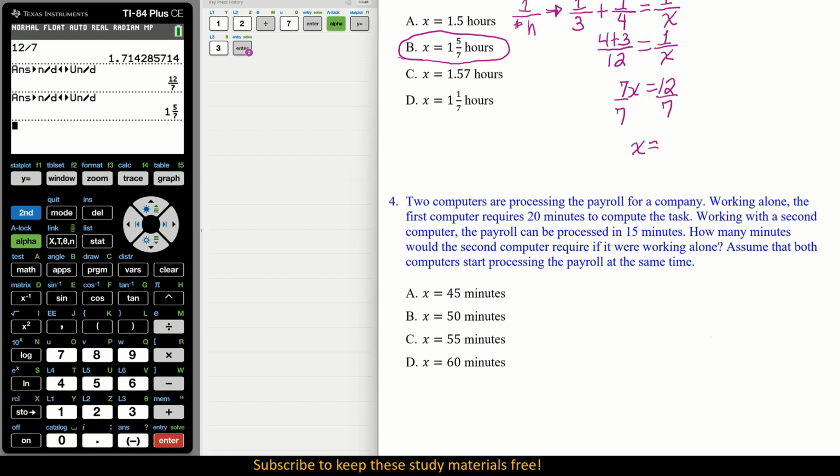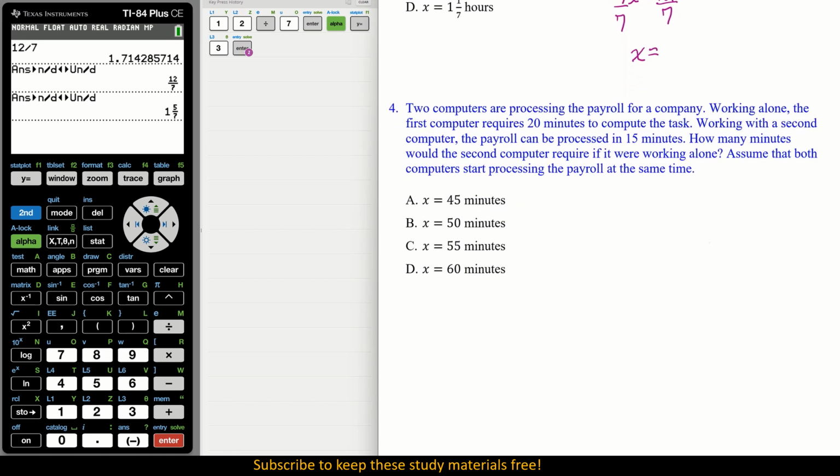Okay, let's give ourselves a little bit more room. We will set this up the same way we did before. We're going to say the first computer can do the one job in 20 minutes, but the second computer does one job in I don't know how many minutes.